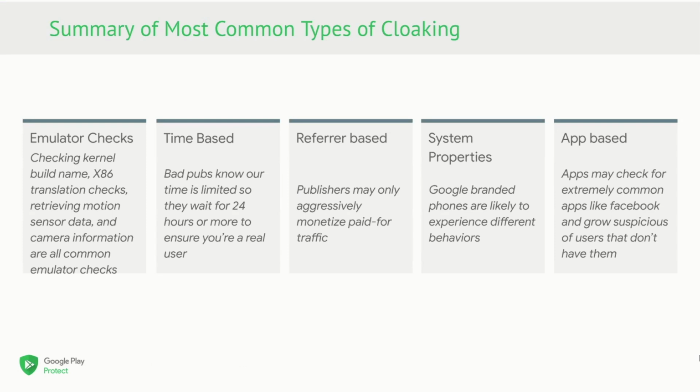And malicious actors will also use environmental factors to try to determine whether or not they're on a real device. So doing things like looking for Facebook or Instagram, or looking at when the last time you updated your phone, or if there's a SIM card installed, what country you're in. All these kinds of checks are usually indicators that they're trying to only execute that behavior in a certain environment.